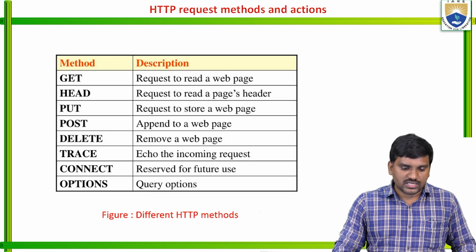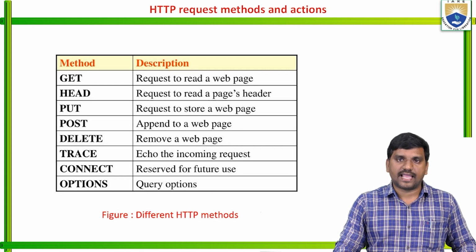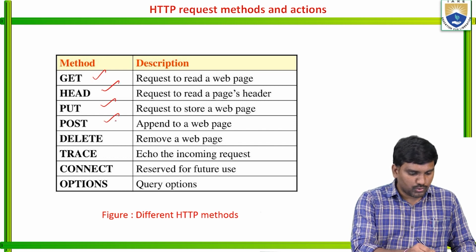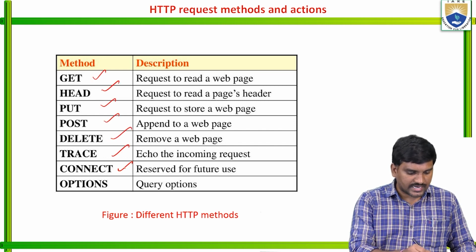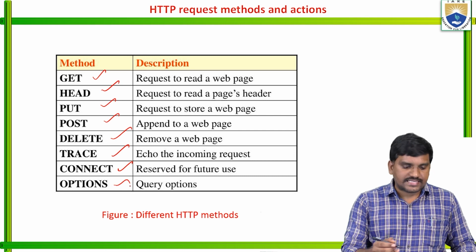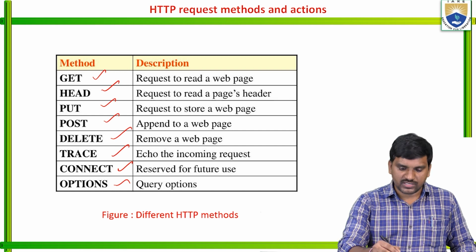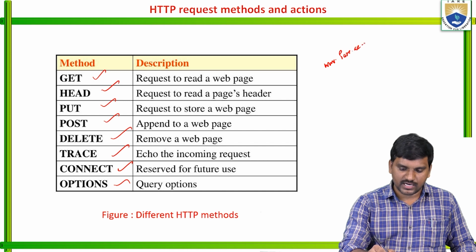These are some HTTP request methods and actions: get, head, put, post, delete, trace, connect, and options. What is get? Request to read a web page. For example, www.iare.ac.in.